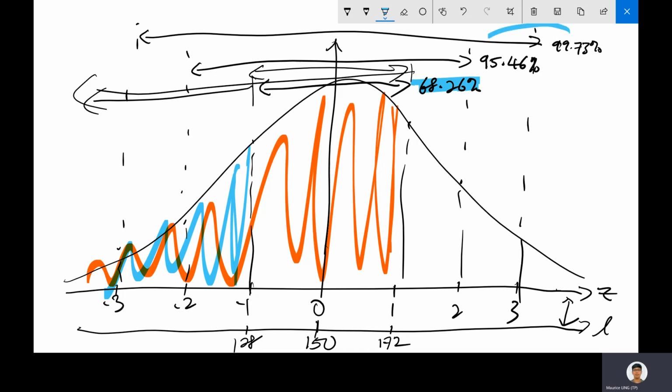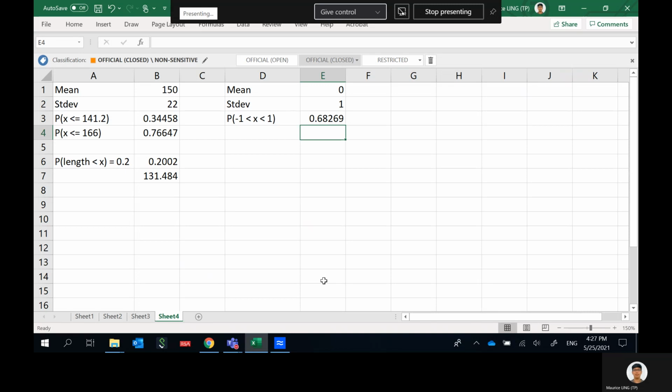So why not you do the other two yourself? My answer is this. So now what I'm trying to get you to do is for minus 2, and minus 3.